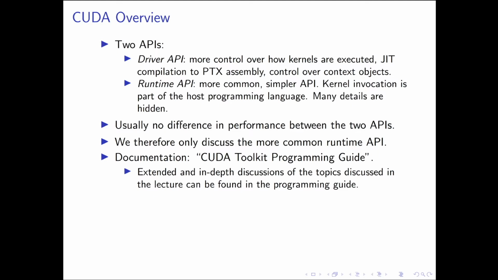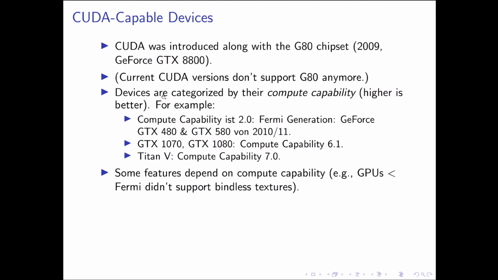So CUDA has been around since around 2009 and was originally introduced with the G80 chipset, that is, with the GeForce GTX 8800. This chipset is actually not supported by newer CUDA versions anymore, and CUDA categorizes its devices by their so-called compute capability.